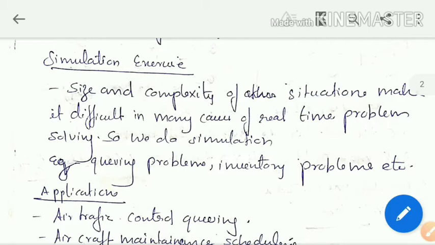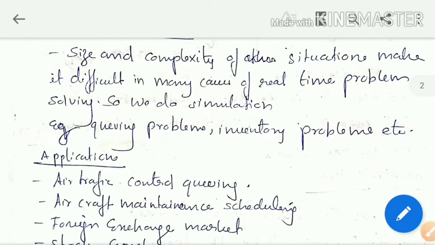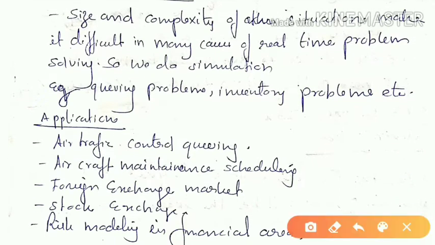Size and complexity of situations make it difficult in many cases of real-time problem solving. So we do simulation. That is, if the size and complexity is very high, we cannot do those problems in real time. So we do this simulation exercise.